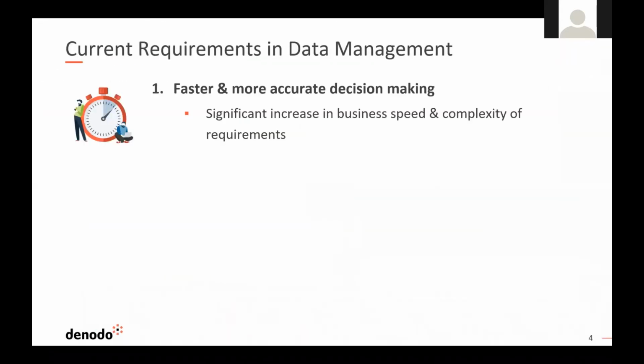If we take a look at three high-level ones, obviously everyone wants their data faster and have it more accurately. So in order to meet the significant increase that businesses wanting to make changes, to implement, to innovate, all of this has to happen within the increasing complexity.